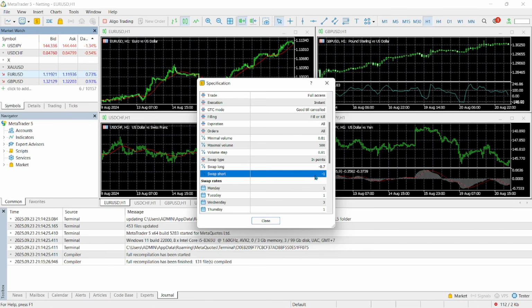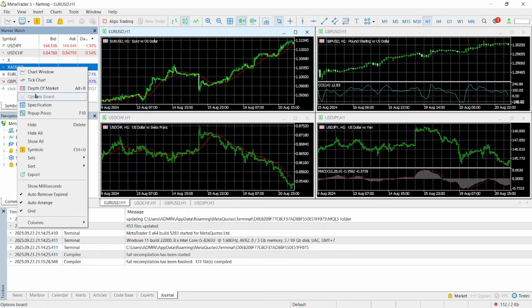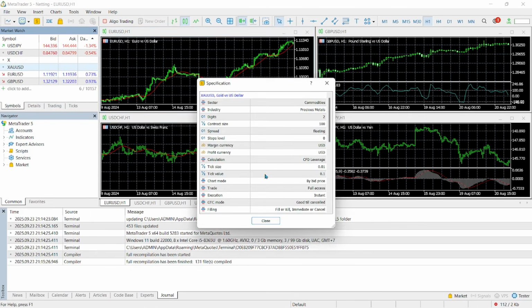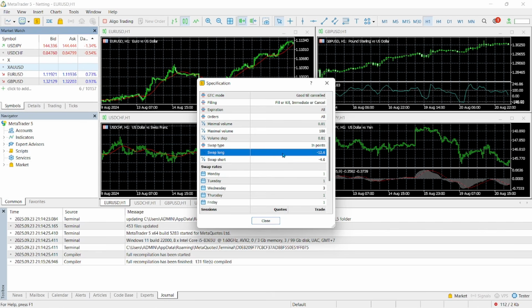Let's try another example with gold, XAU/USD, one of the most popular products. Based on the new information, the overnight fee for a buy order is minus 12 US dollars and 60 cents, and for a sell order is 4 US dollars and 60 cents.